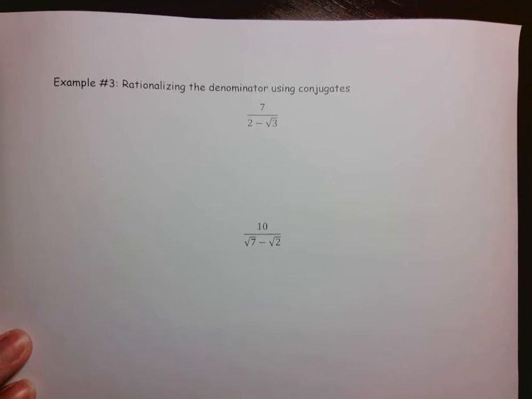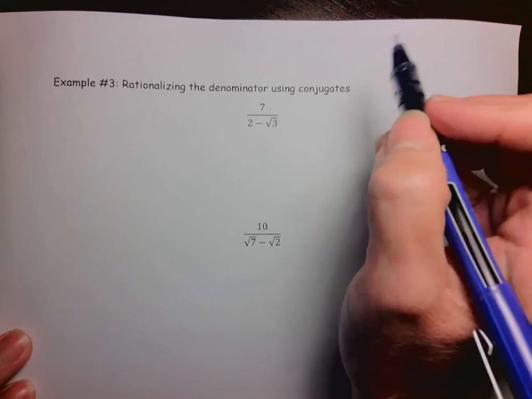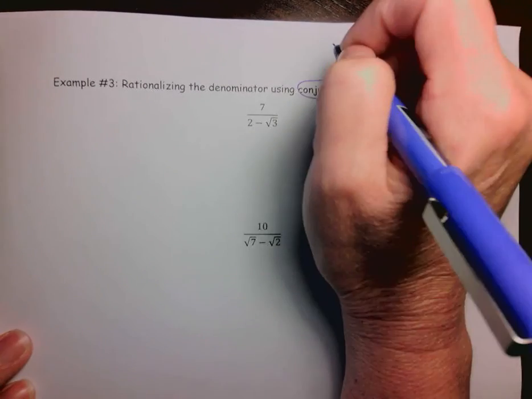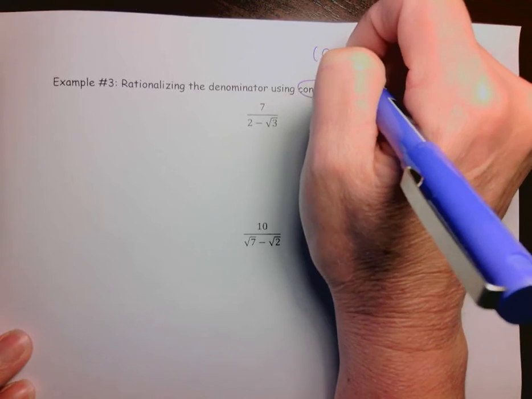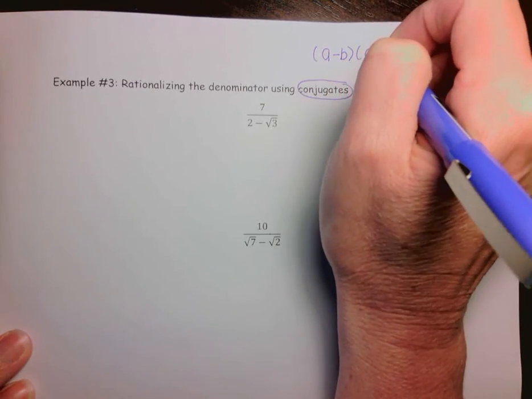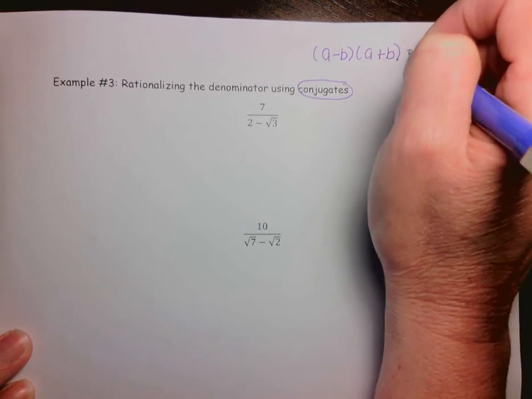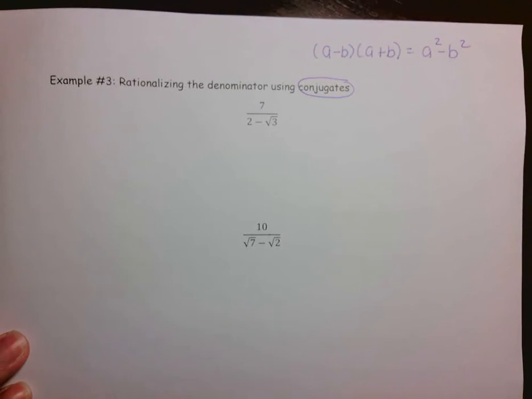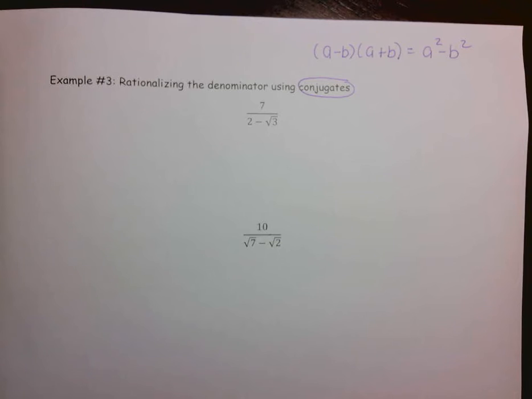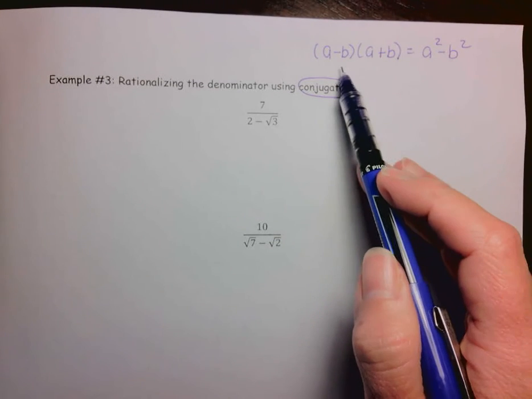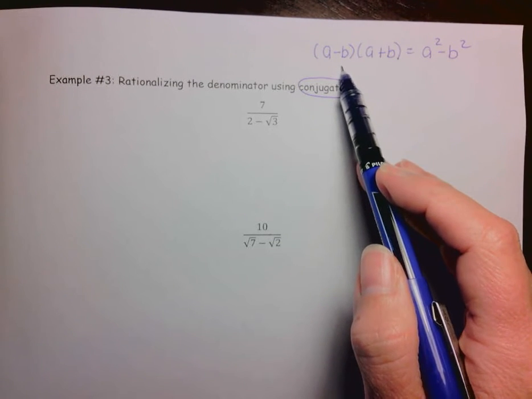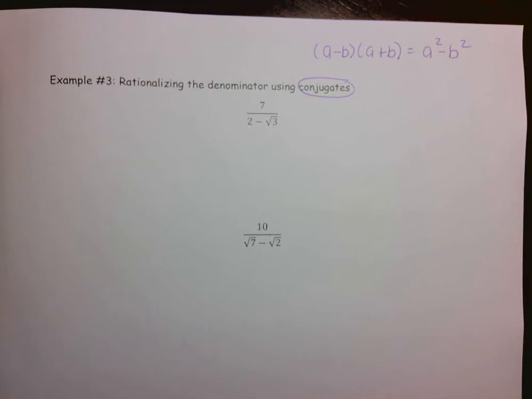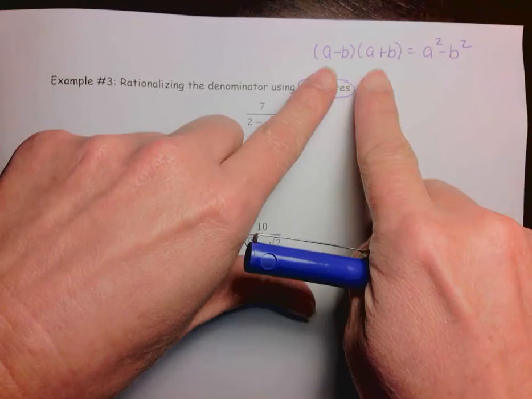And finally, I want to talk to you about what a conjugate is. Whenever you have the sum and difference of the same 2 terms, you have conjugates. These are conjugates.